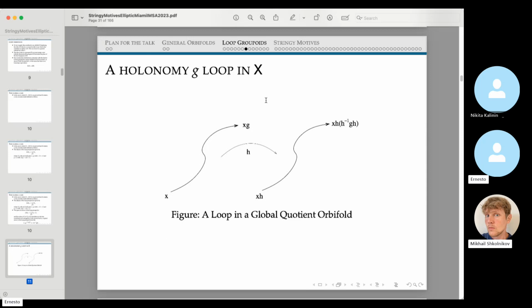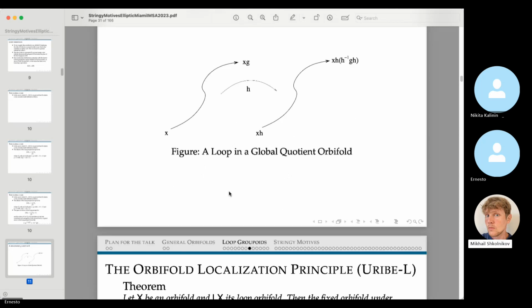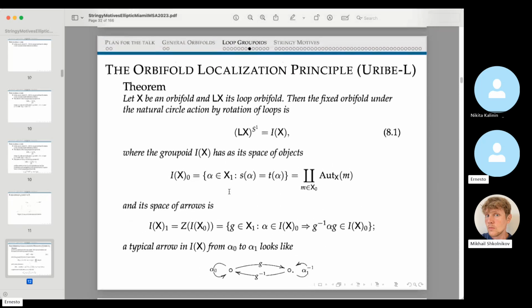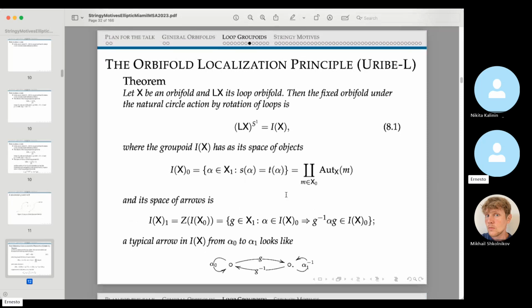So the loop groupoid is a category of loops. And this is the orbifold localization. With this definition, it's very clear. This is simple, but it has a lot of implications.